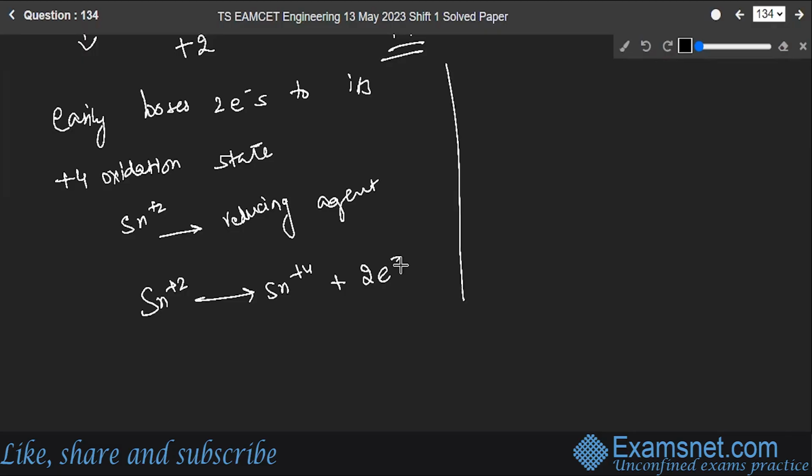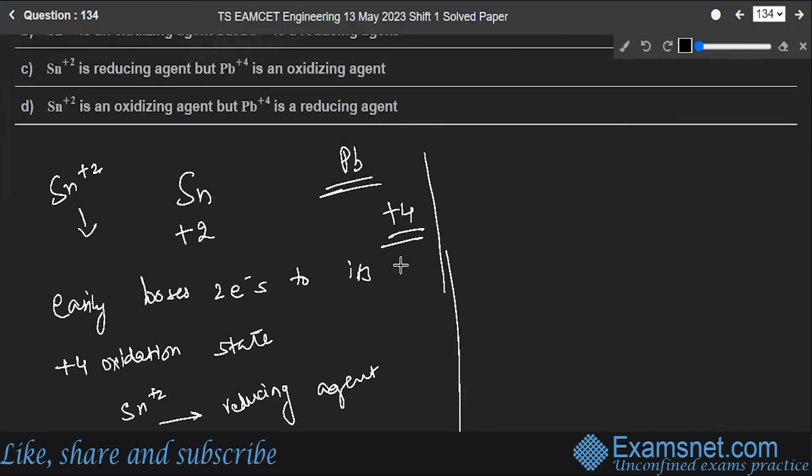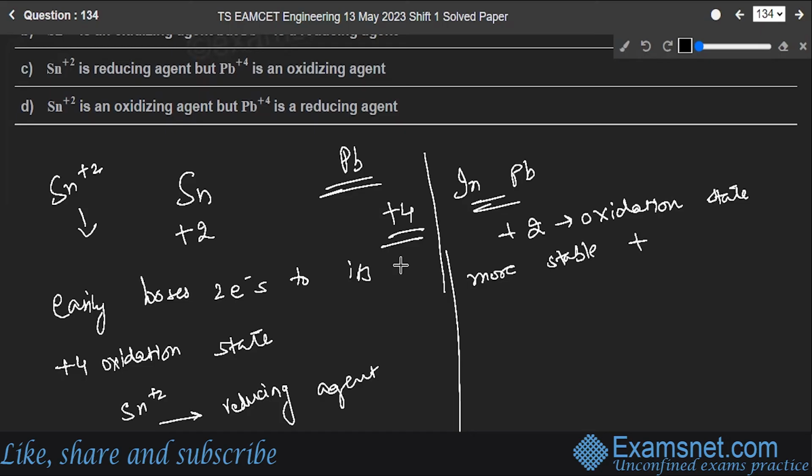And in lead, plus 2 oxidation state is more stable than plus 4 oxidation state. Why is that?